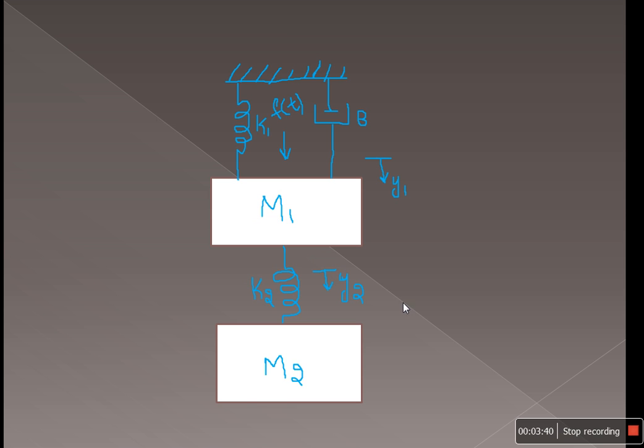But here the spring is connected between two nodes, so we have to take two displacements, y1 and y2. Here F k2 is directly proportional to the difference between y1 and y2, that is y1 minus y2, if you consider the node as m1, because this spring is connected between these two nodes.